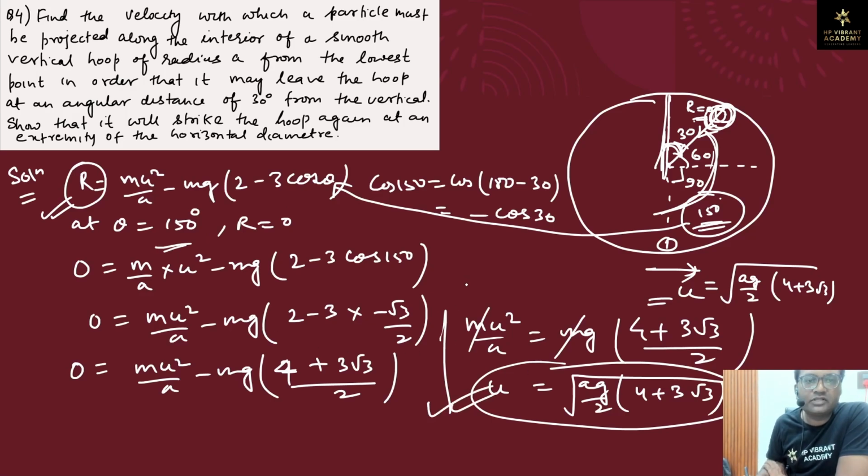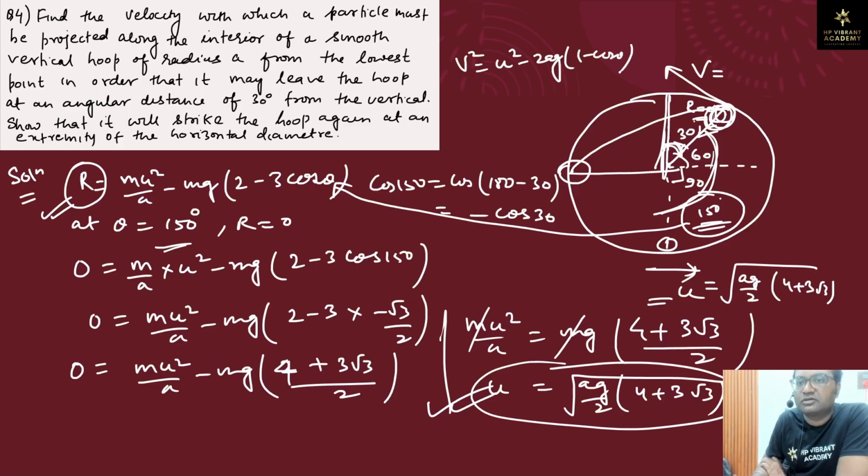What is further given in the question: show that it will strike the hoop again at an extremity of the horizontal diameter. So this will strike at the horizontal diameter. Okay, so what will be the coordinate? Let us find this velocity. This velocity we derive from the expression v square is equal to u square minus 2ag (1 minus cos theta).